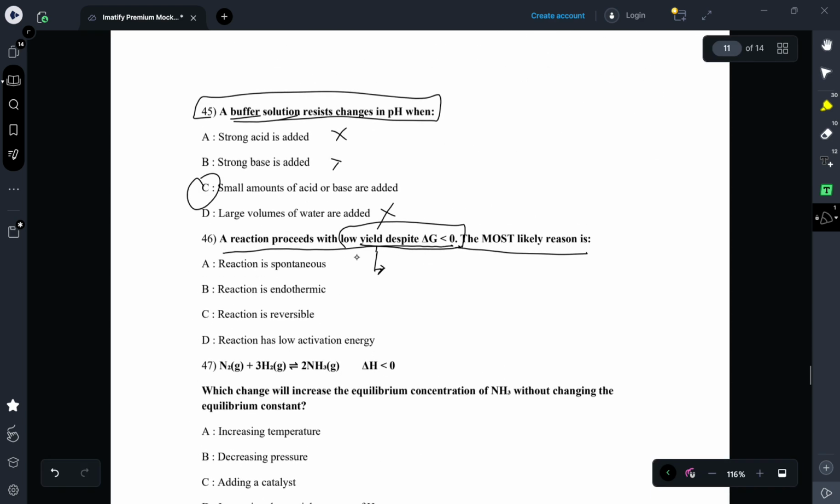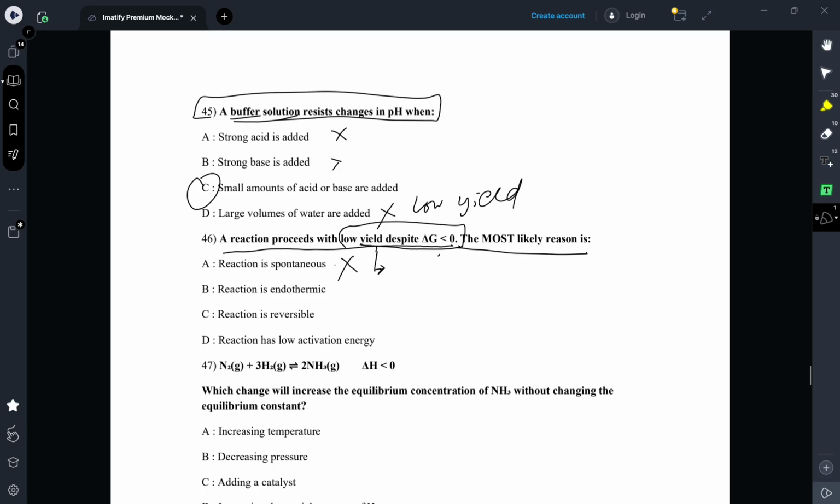However, here they are asking about low yield. The reaction is spontaneous. Yes, we know that the reaction is spontaneous, but it does not explain why it proceeds with low yield, so this cannot be the answer.